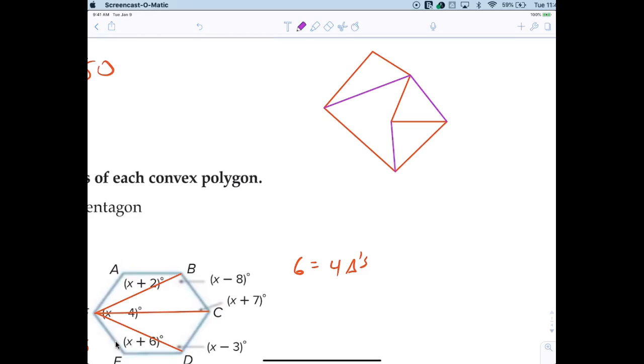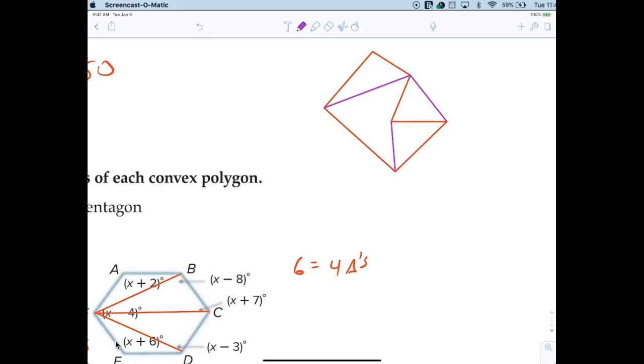So anytime you draw a diagonal, if it's on the inside it is said to be convex. If you're drawing the diagonals and one diagonal ends up on the outside, it is considered concave. And the rule does not apply to concave polygons. The rule only applies to convex.